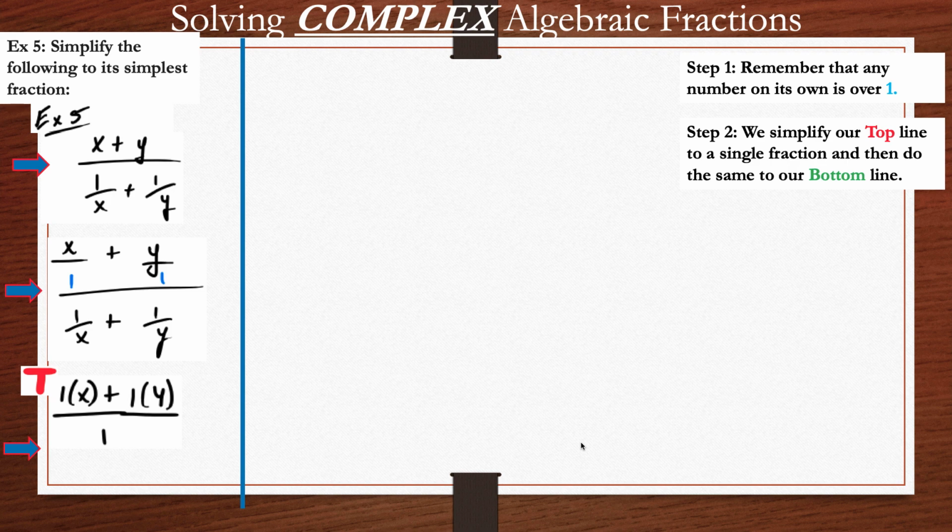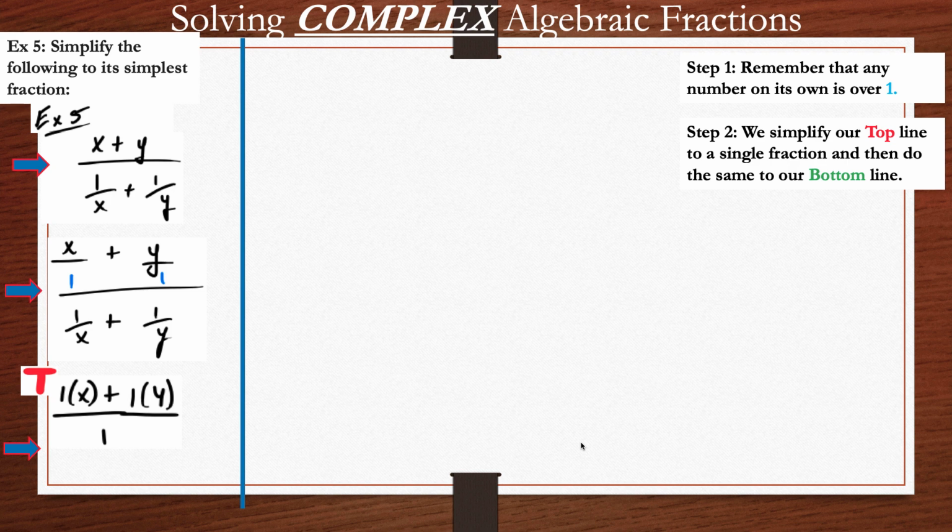Divide x into xy, you get y, so we're left with y by our top number, which is 1. Plus, divide y into xy, we're left with x by our top number, which is 1. So now you have your x plus y over 1, there's your top, over y plus x over xy, which is your bottom.